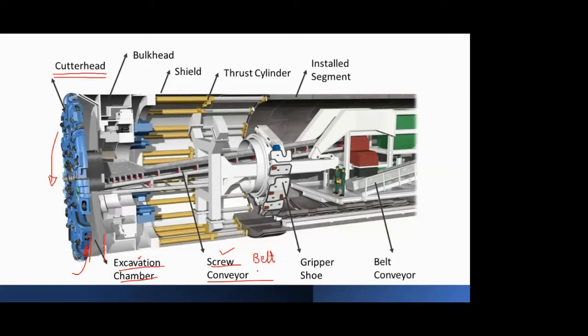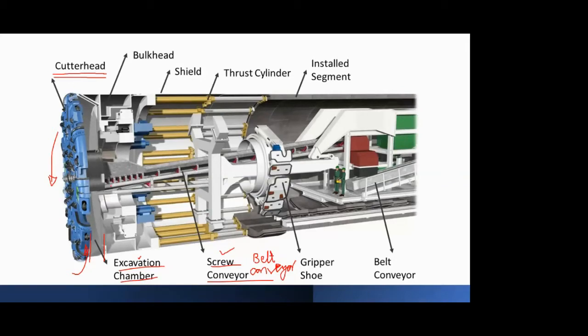In case of a rocky strata, instead of a screw conveyor, a belt conveyor is used, because rocky strata will give you muck with different sizes of cut rock pieces. They might hinder the operation of a screw conveyor, so a belt conveyor is used. A screw conveyor is used where you have soft soil or a slushy type of soil. So like this, you can have a variation in this segment.